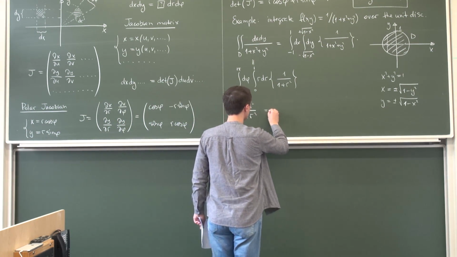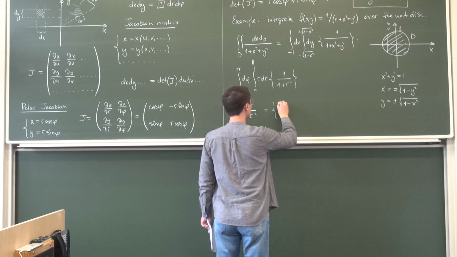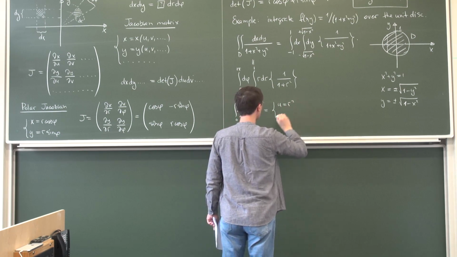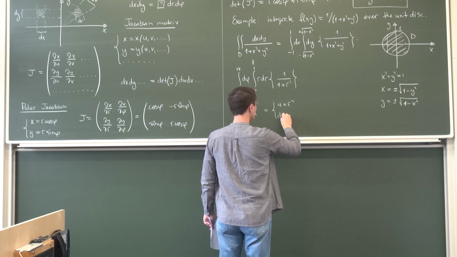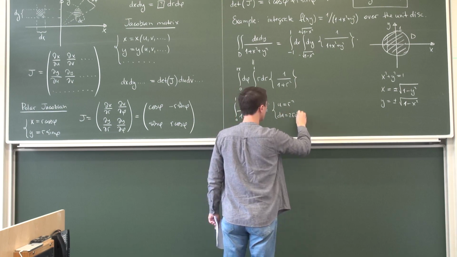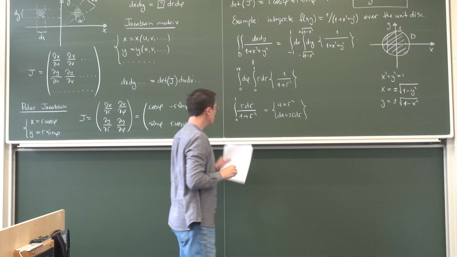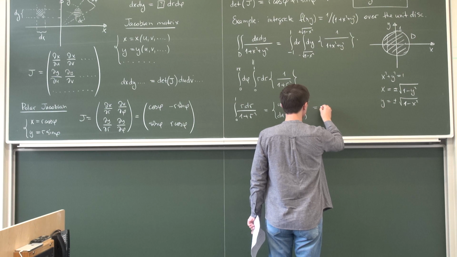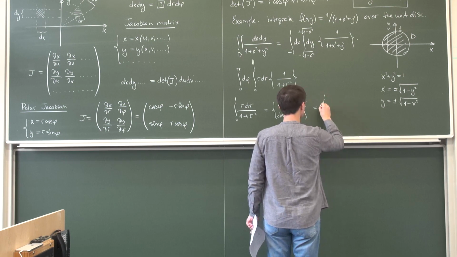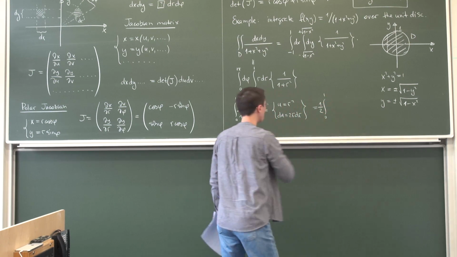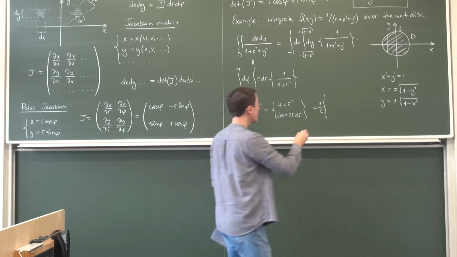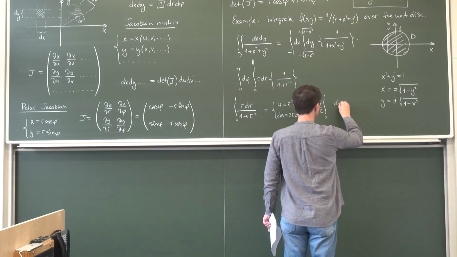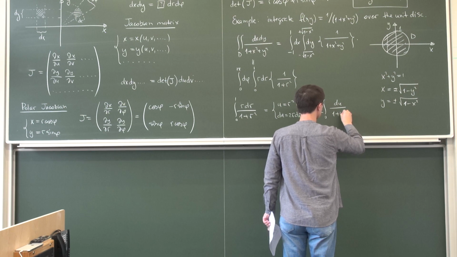So, I don't know, u equals r squared, and then du is 2r dr. u of 0 is 0, u of 1 is still 1. And so that is an integral from 0 to 1 with that 1/2 in front, and that is du over 1 plus u.